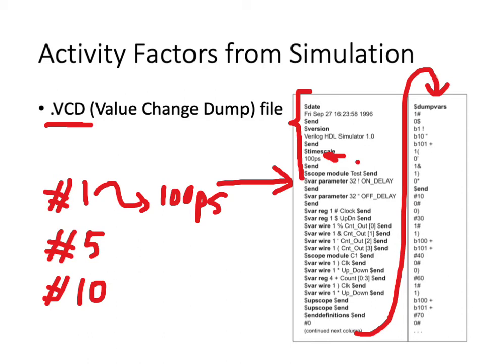The second part of the .vcd file defines the names and properties of all the logic nets under consideration in the simulation. The command typically starts with $var, followed by the type of the net, whether it's a Verilog register or a Verilog wire, followed by its size, followed by a symbol, in this case a sharp or dollar or percentage symbol, followed by the actual net name in Verilog, and the end command.